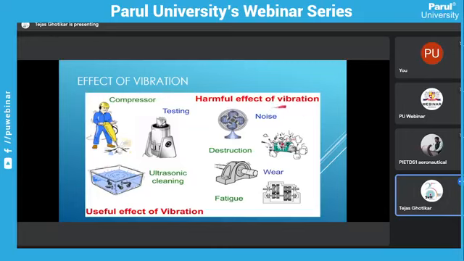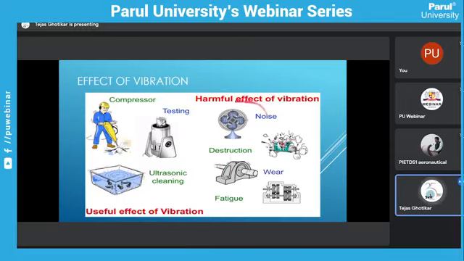But in applications where vibration is not desired, it will start creating some noise. Because of that vibration we may have wear in a system. Because of wear there may be fatigue, and ultimately there will be destruction or failure of the system.